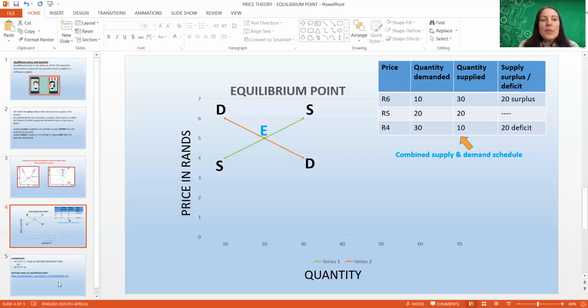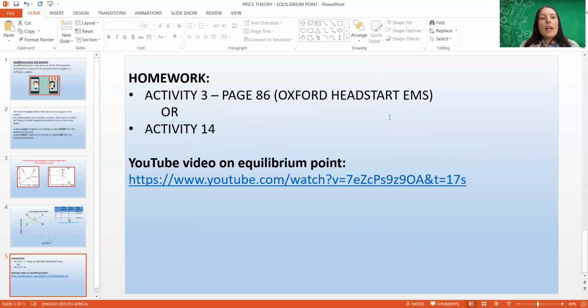So grade 9s, you can go and practice to see if you can manage in your textbook on page 86, activity 3. There's a few questions, and it requires you to draw the demand and supply graph and determine the equilibrium point.